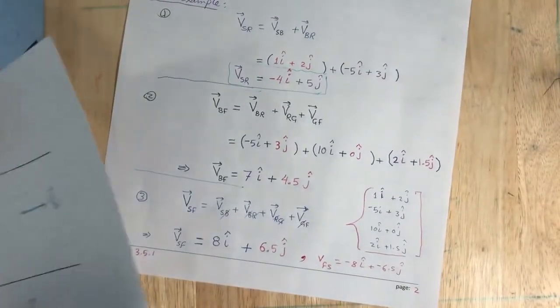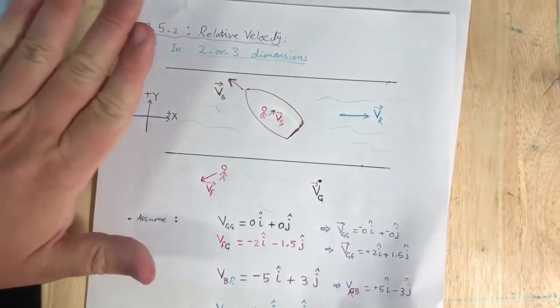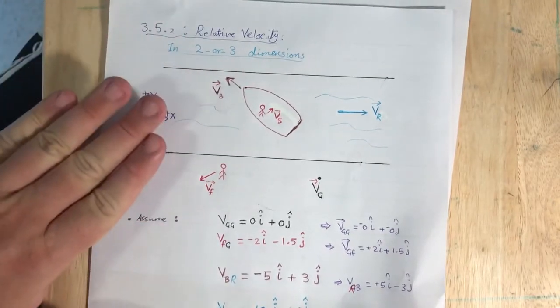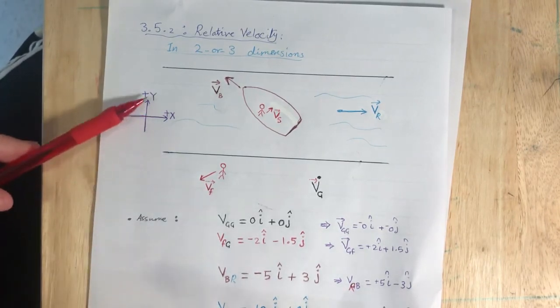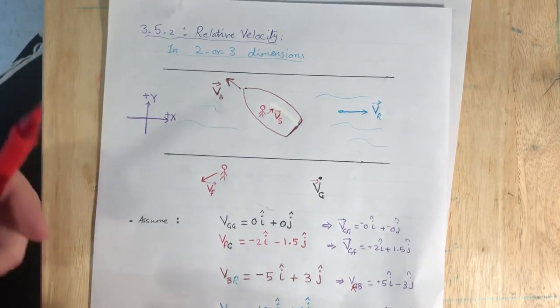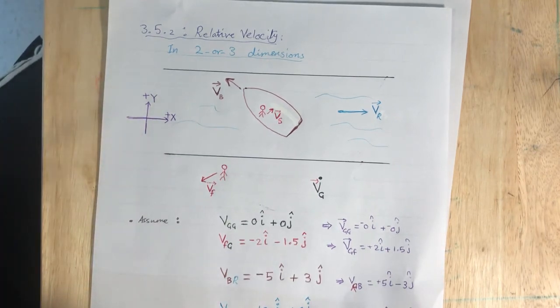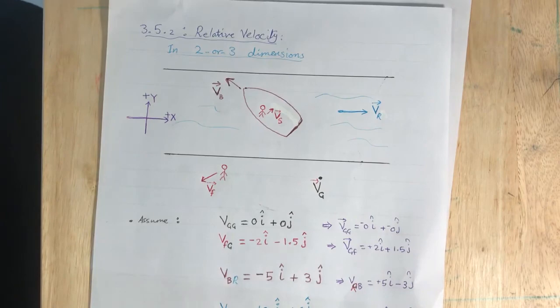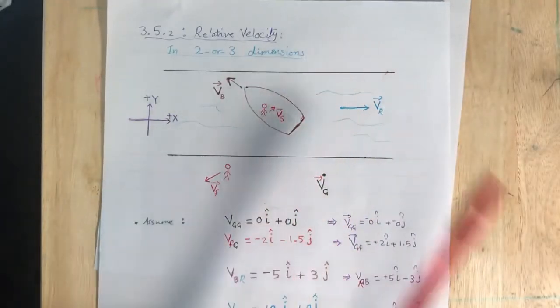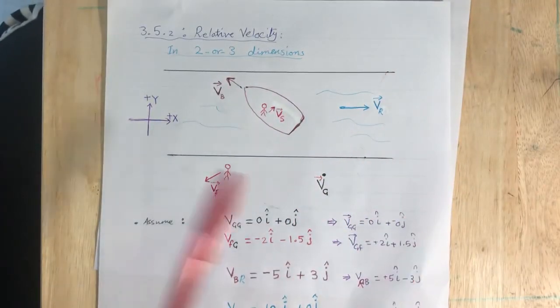This is the relative velocity in 2 dimensions. We use the river, boat, ground system. If we have velocity in 3 dimensions, for example, we can use an airplane. Then we have x, y, and z, and there is a person who is moving inside the plane in 2 or 3 dimensions, or something falling from inside the plane in 3 dimensions.